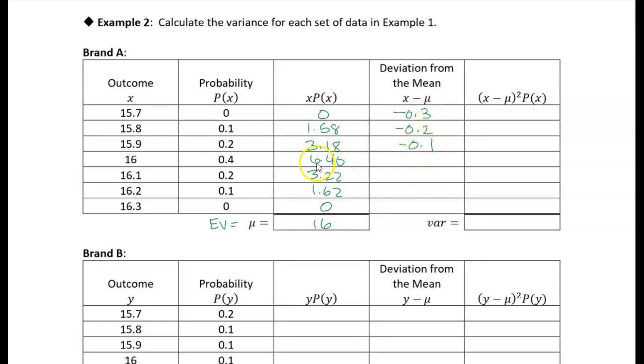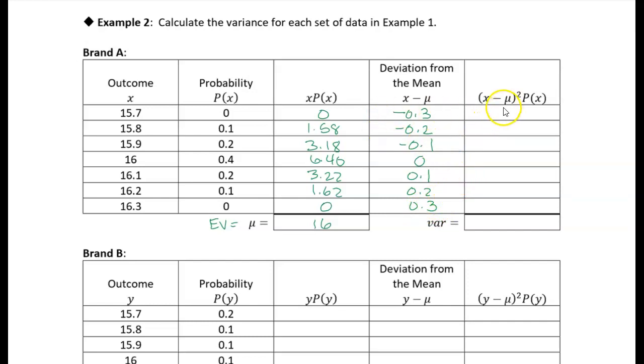I'm just subtracting. So 16 minus 16 is 0, so this particular outcome is right at the mean. And then I get 0.1, 0.2, 0.3. Now these are all positive because the outcomes are greater than the mean, so the deviation from the mean is positive.